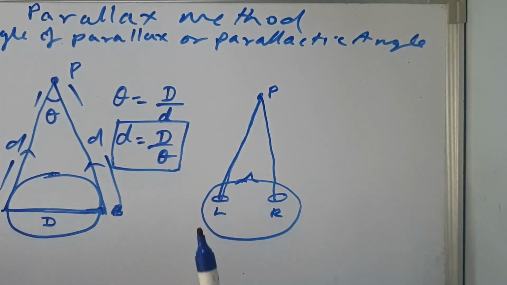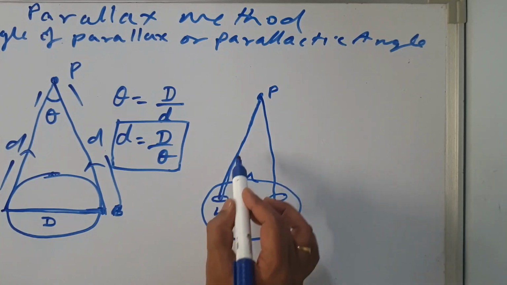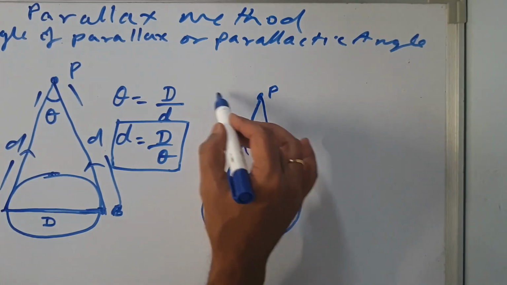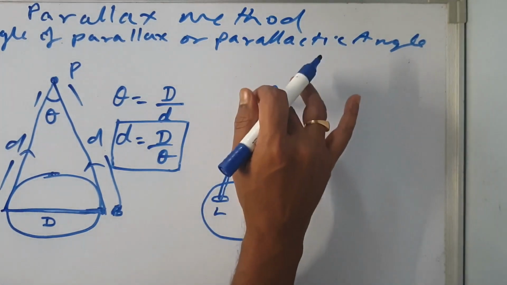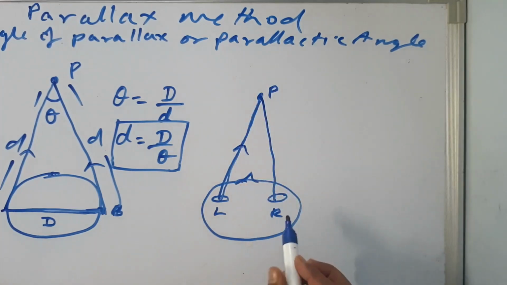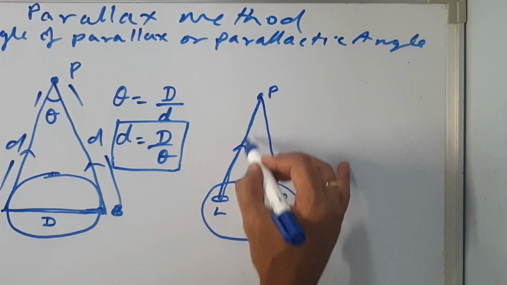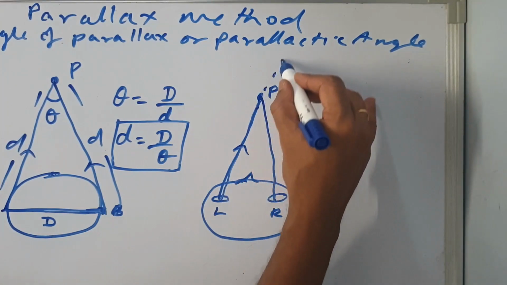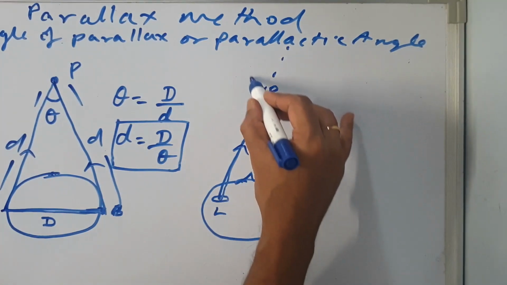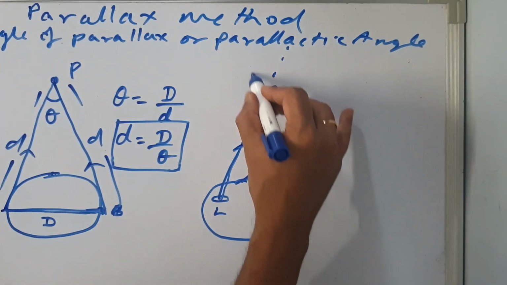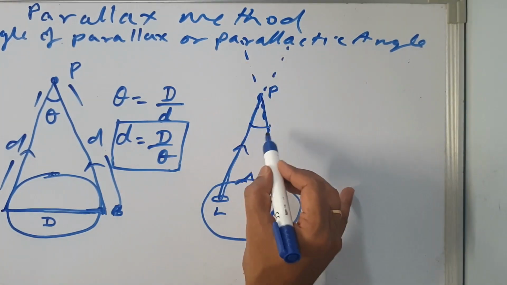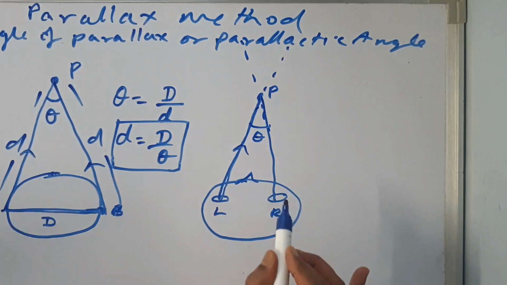Why is that happening? Because when you're looking through your left eye, you are looking in this particular direction and you have a different background for this pen. When you're looking through the right eye, you are looking in this direction. The angle between these two directions is called the angle of parallax or parallactic angle.